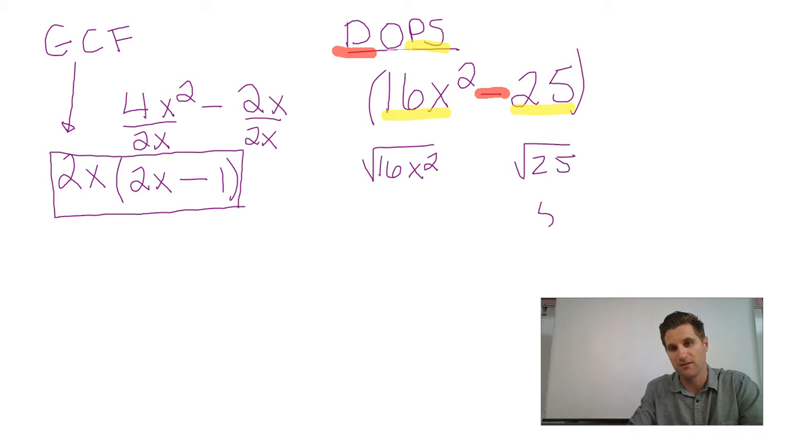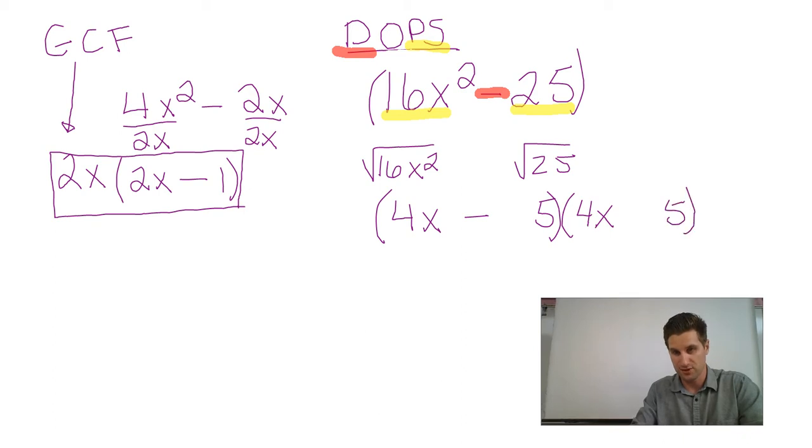And when we do that, we get 5 and we get 4x. So what we do, the difference is that subtraction, and then this one binomial makes actually two separate binomials. And the difference between the two binomials is one is positive and one is negative.